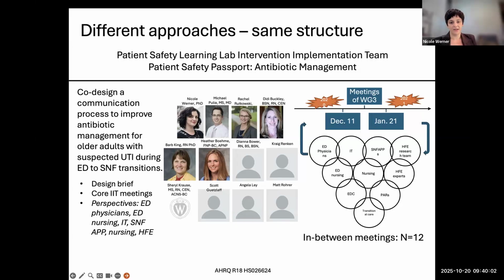And so we brought together a group of different partners: emergency medicine physicians, people from the skilled nursing facility, Epic people because we were going to implement this in the electronic health record. Lots of different perspectives, and human factors engineers, of course. And we had several core meetings of the intervention implementation team, but then we also did a lot between the meetings.